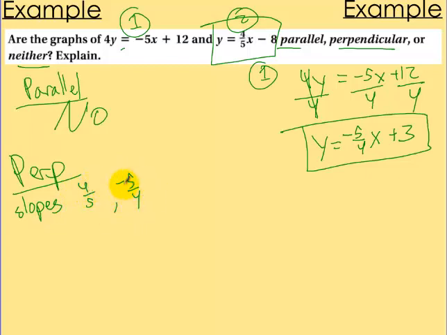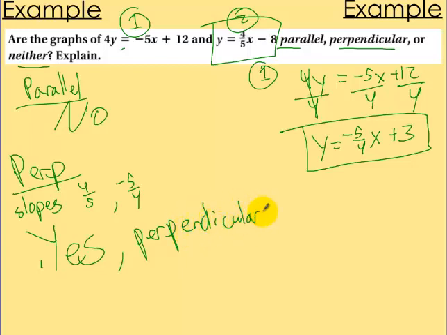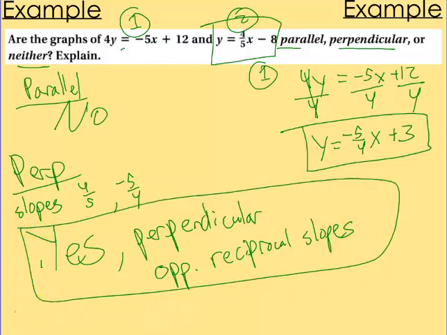Yes, they are, because it's flipped and one's positive and one's negative. So is it perpendicular? Yes, perpendicular. Why is it perpendicular? Because of opposite reciprocal slopes. And that's your answer. That's it.